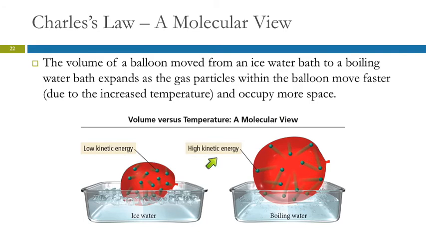Over here, they have higher kinetic energy, and so they're going to be moving faster. They'll collide more frequently with the walls and with more force, and so they will exert a larger pressure. The pressure is going to end up being the same, and so what happens then is the gas expands, the balloon expands.